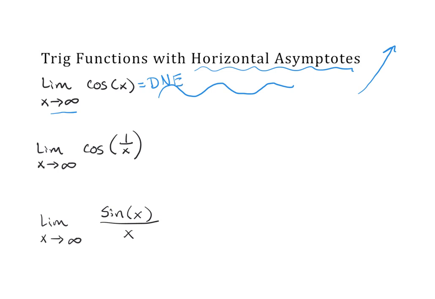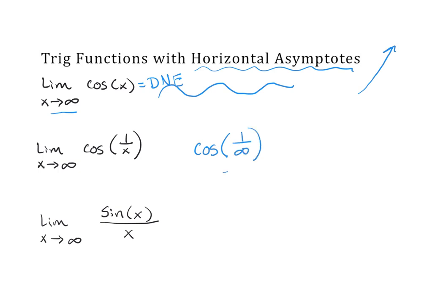Okay, so let's look at this next one. These next two do have horizontal asymptotes. So, the limit as x approaches infinity of cosine of 1 over x. Off the top of your head, you might not know what that graph looks like, and that's fine. But I want you to envision, now it's bad math to write this, cosine of 1 over infinity.